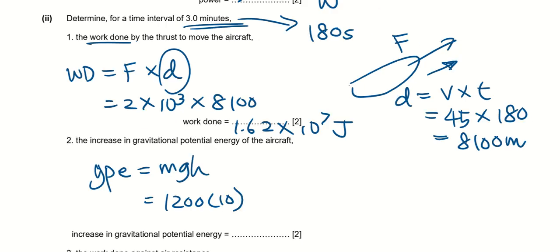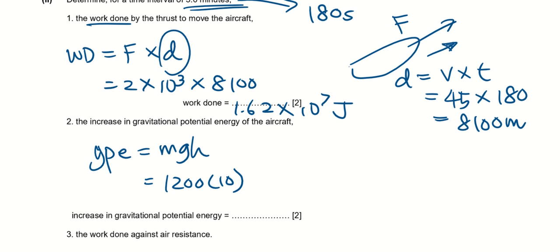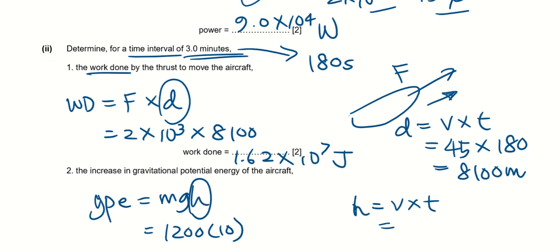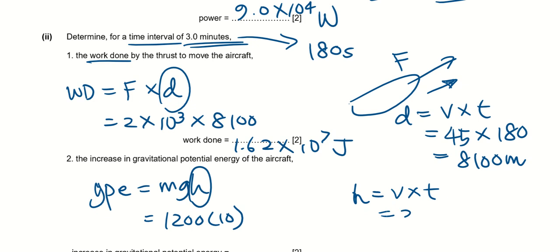Now the height, they want it during this time interval of 3 minutes. So just now we were doing distance moved equals speed times time. The speed at which the height increases is 3.3, because that's how fast the vertical height increases every second.